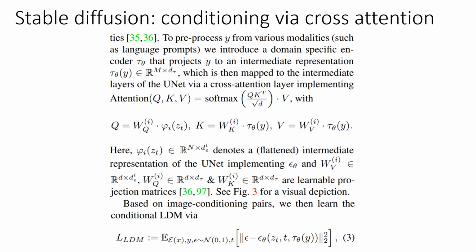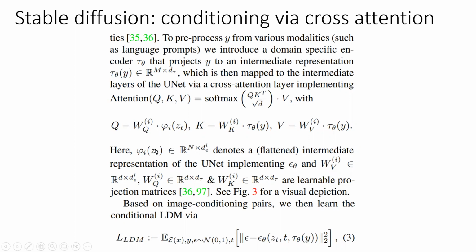So we take input Y from a various modality, text, images, etc., and pass it through a domain-specific encoder, tau sub theta, to get an intermediate representation, tau sub theta of Y. Then meanwhile, we take the output of a certain layer of our UNet, phi sub I of ZT, which we will then flatten across spatial dimensions to obtain a vector phi sub I of ZT.